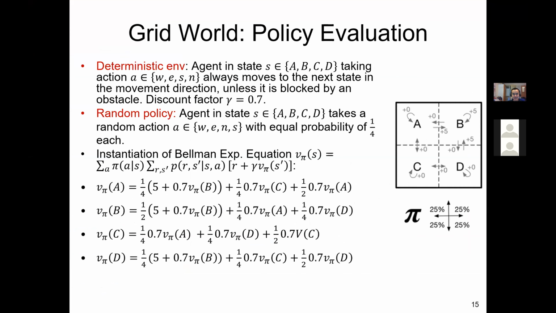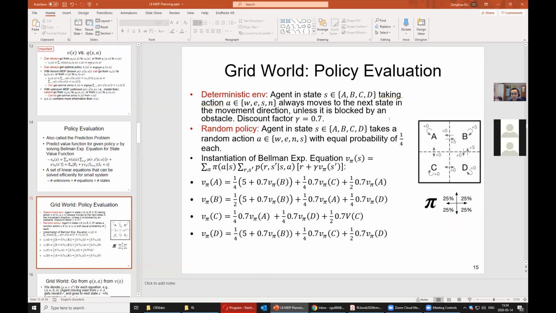They can take actions west, east, south, north. It always moves to the next state in the movement direction unless it is blocked by an obstacle, which is the wall. There's no other obstacle.